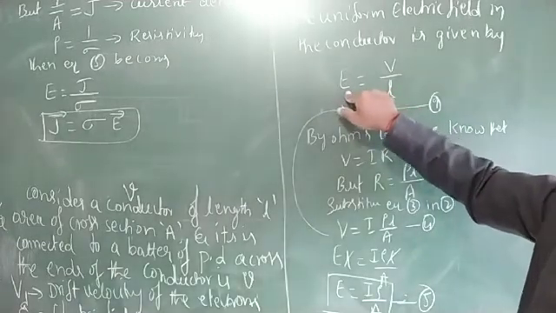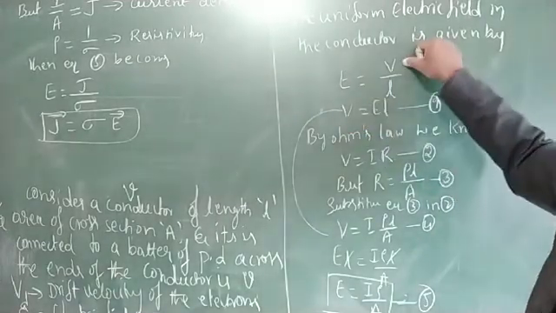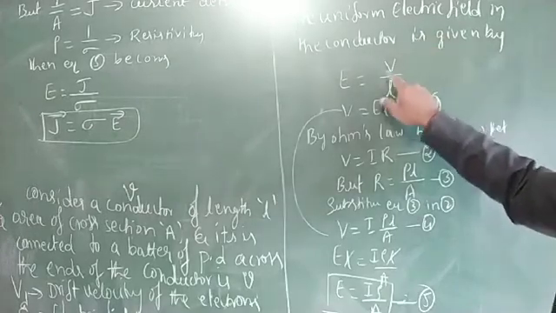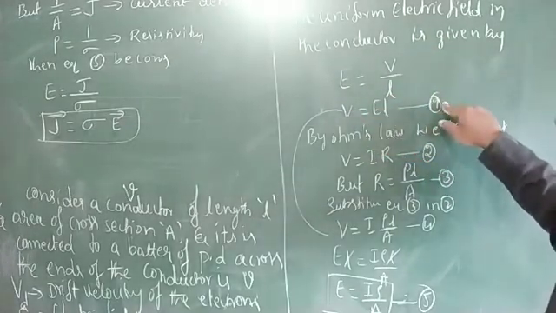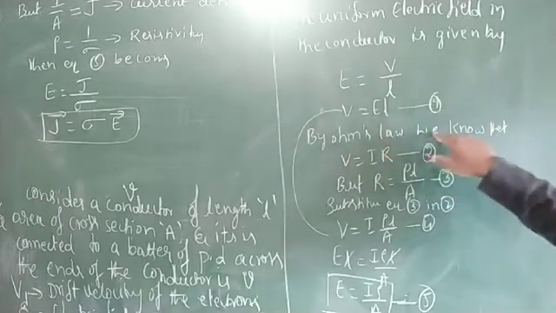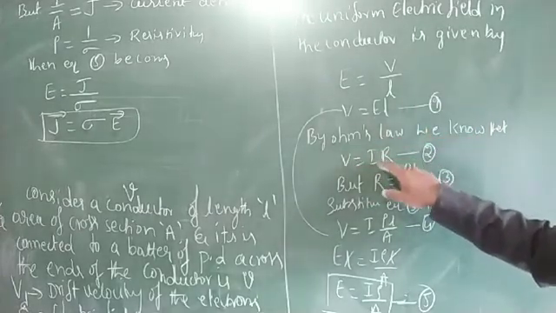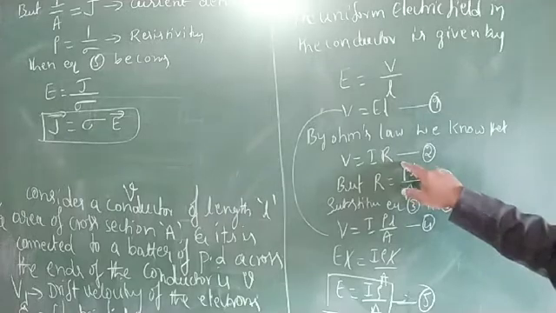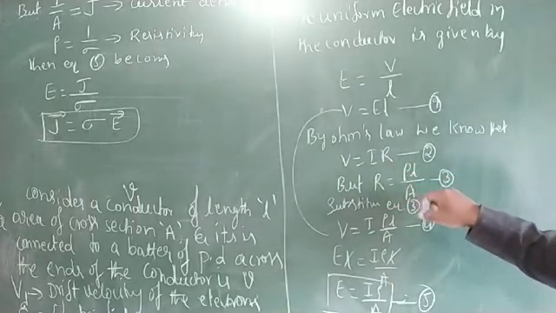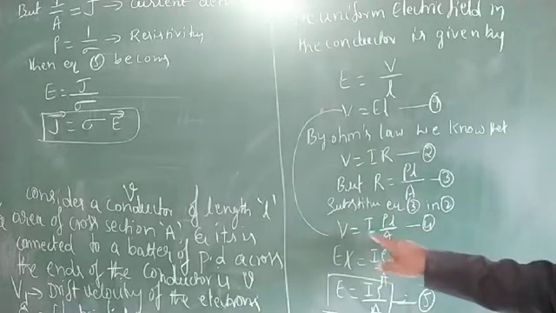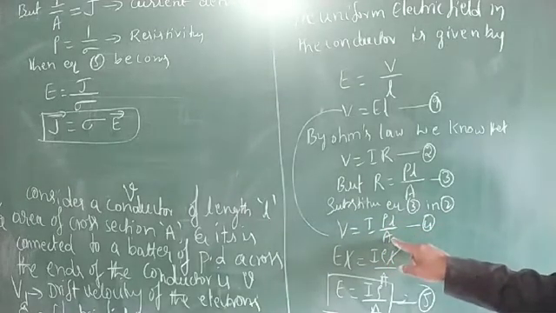Magnitude is always positive. From this equation, we can simplify V is equal to E into L. Call it equation number 1. From Ohm's law, we know that V is equal to IR. R is the resistance, and the relation between resistance and resistivity is R is equal to rho L divided by A. Therefore, equation 2 becomes V is equal to I rho L divided by A.